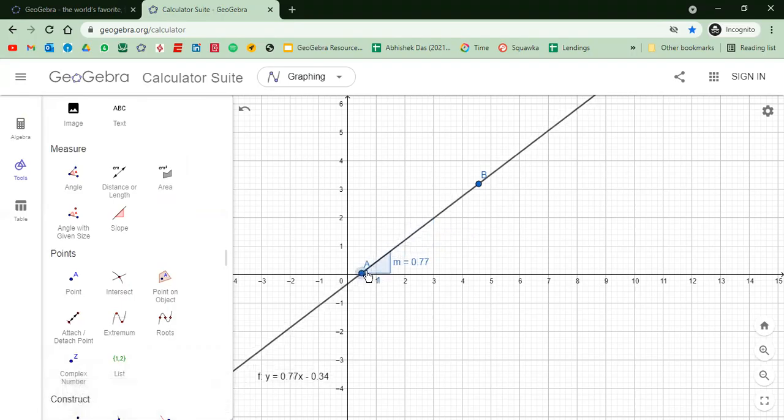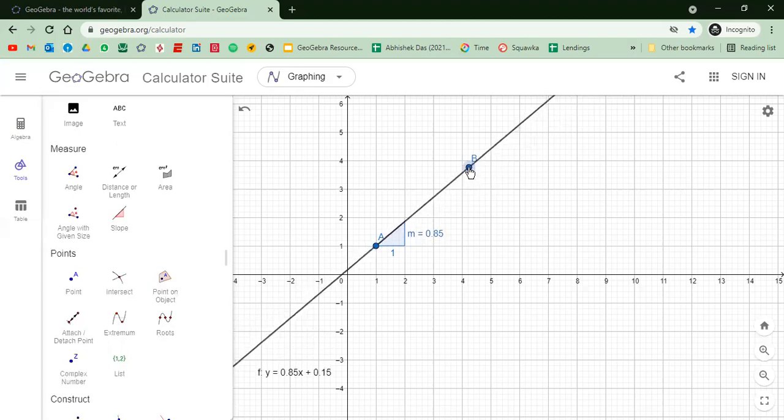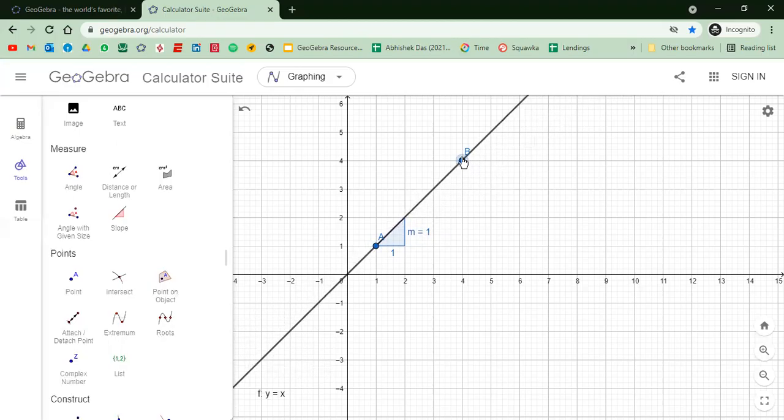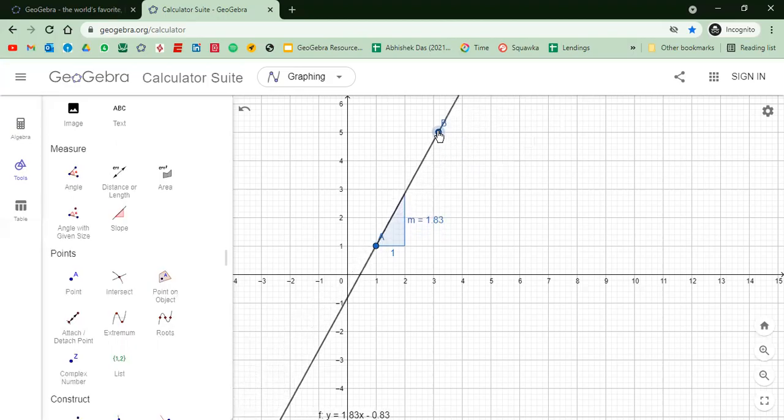Now, the idea of slope is as the line gets steeper, your slope will become greater. The steeper the line, the greater the slope. If you see here, the slope is 0.61. If we make this line steeper, you see that the slope is increasing.